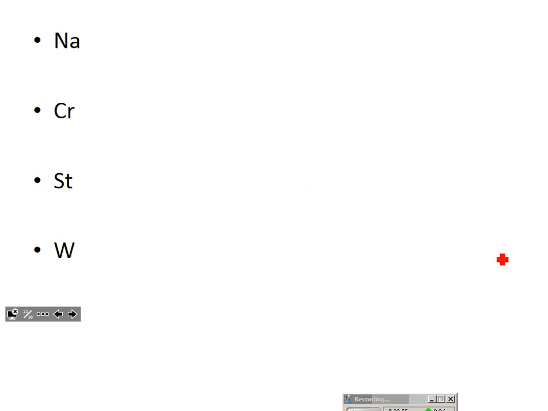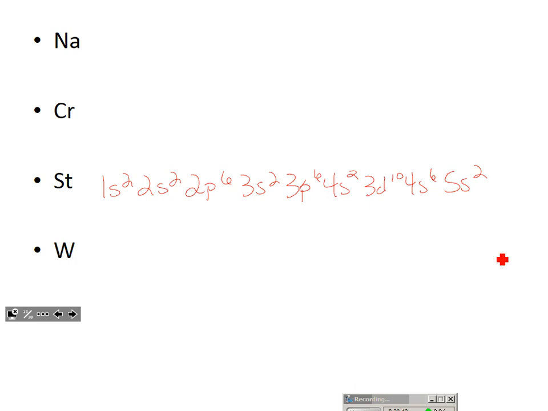So strontium ends in 5s2. 1s2, 2s2, 2p6, 3s2, 3p6, 4s2, 3d10, 4p6, 5s2. Now, that's starting to look pretty long.